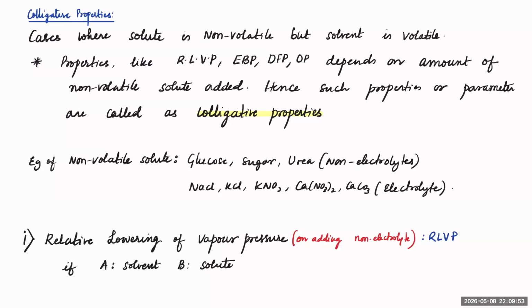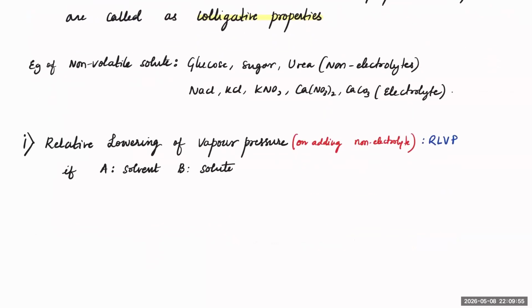Okay. Now, non-volatile solutes are of two kinds. One are non-electrolytes, the other are electrolytes. Non-electrolyte means it will not ionize in the solution. Like glucose, when you add it to water, it will dissolve, but that does not mean glucose will split into ions. Sugar will dissolve but not split into ions. Urea will dissolve but not split into ions.